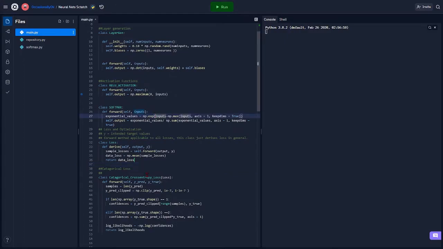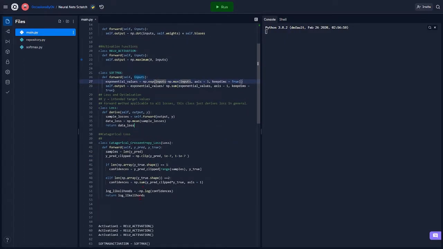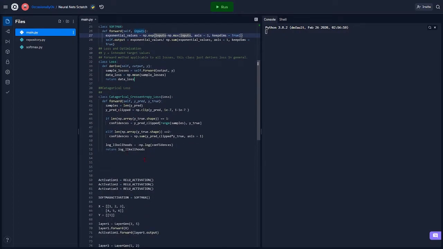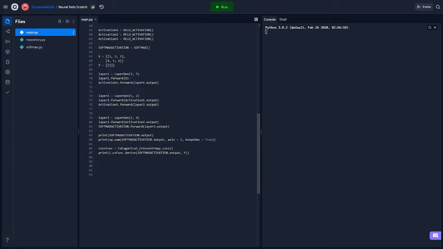Okay, so it'll return the log likelihoods, and those log likelihoods will then be used later in the derived function in this loss class. So when we create the instance of the object, we set loss function to equal this class.